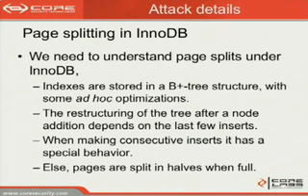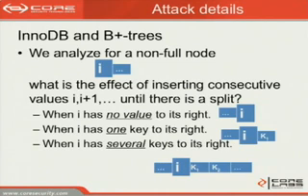So let's see. I will need to carry out the attack for these 3 cases of node splitting. In these cases there are a few values on the left, and there's a key value I, which we know the attacker knows, and he also knows that there's no value on the right.